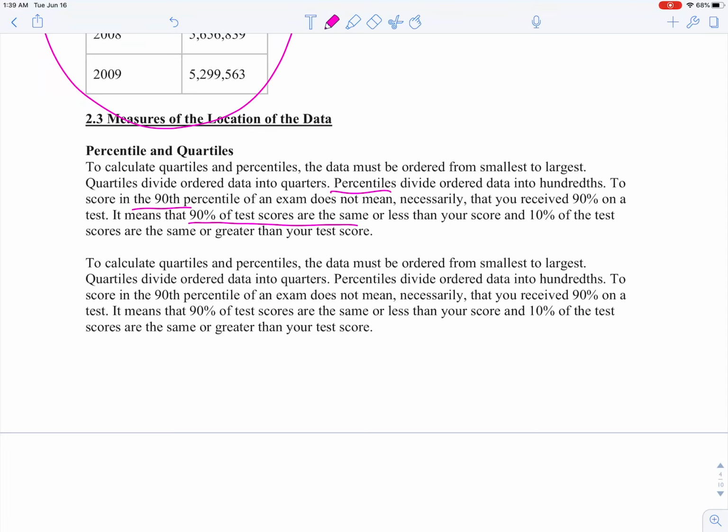It means that 90% of the test scores are either equal to or less than your score. That's the definition of a percentile, and that's important. If your test is in the 90th percentile, you scored equal to or better than 90% of the people who took that test. Which means, of course, on the opposite end, that 10% of the people scored greater than you.